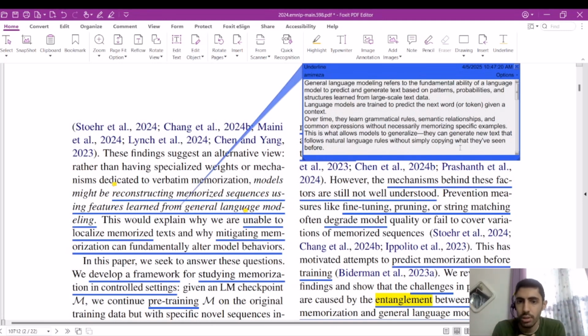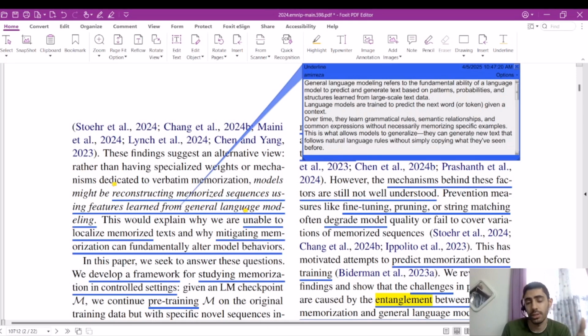It's actually the ability of the model to generate sentences. Language models are trained to predict the next word or token given a context. Based on the previous words, it can generate the next word. Over time, they learn grammatical rules, semantic relations, and common expressions without necessarily memorizing a specific example. This is what allows the model to generalize.